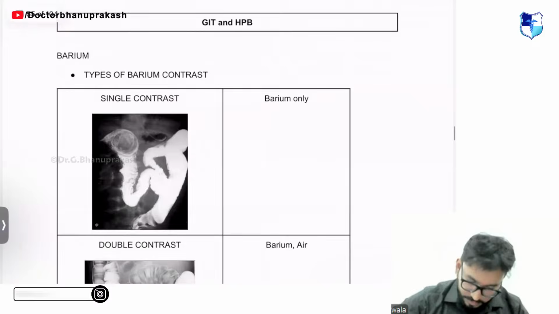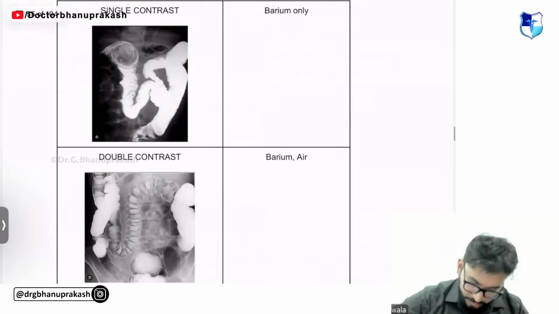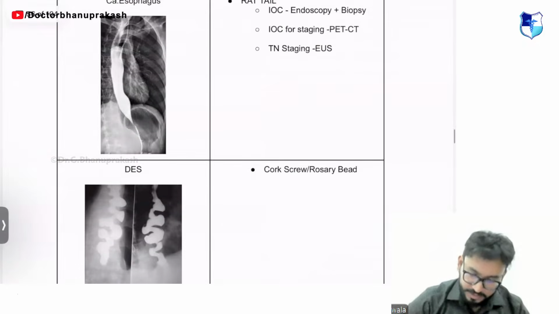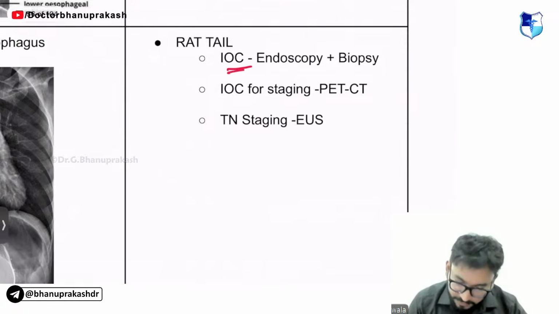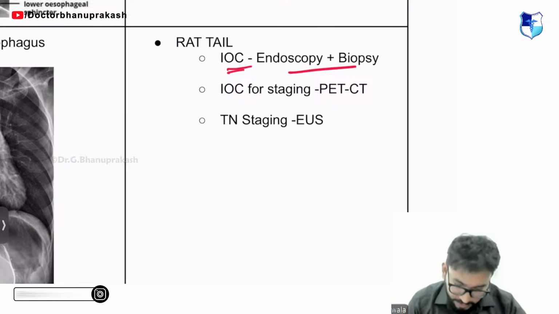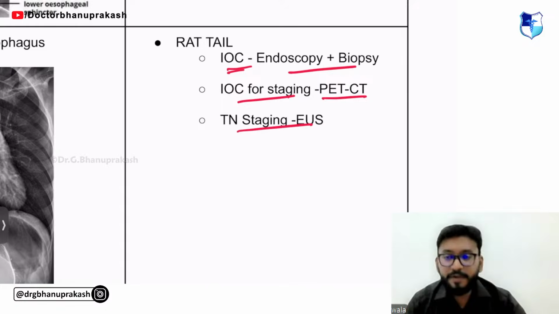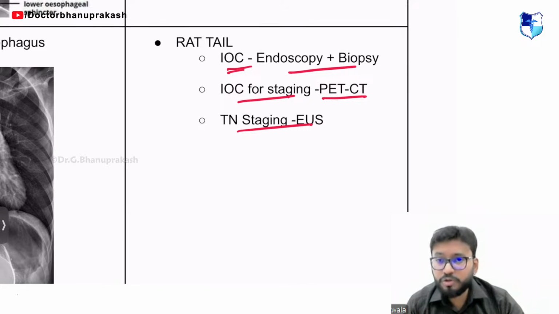So, investigation of choice is an endoscopic biopsy. Investigation of choice for staging is PET CT, and for T and N staging, it is an endoscopic ultrasound.